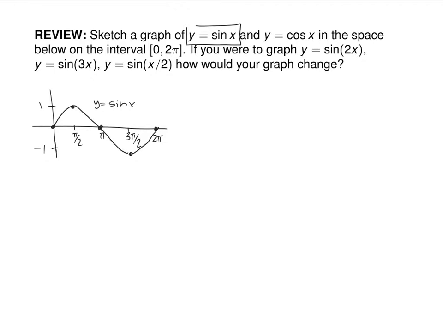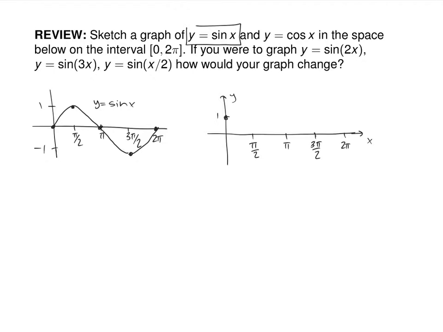How about cosine? Pretty similar, you still go from 0 to 2π. I always start by dividing my interval into those 4 pieces. Where does cosine begin? At 1.